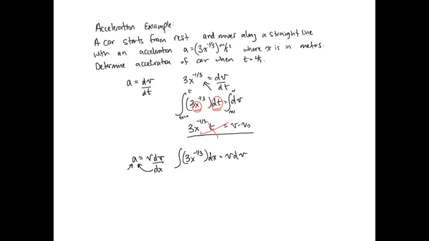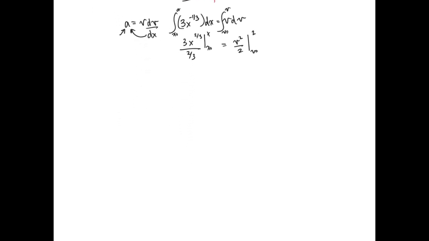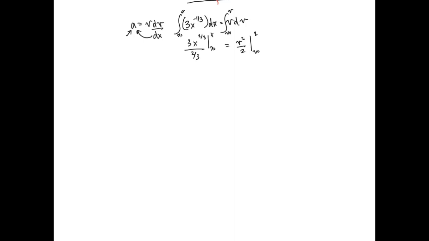Now when I integrate both sides, we end up with 3x to the 2/3, oh, I forgot to put my limits here, evaluated from x naught to x, divided by 2/3, is equal to v squared over 2 evaluated from v naught to v. If you simplify this, you end up with velocity is equal to 3x to the 1/3.